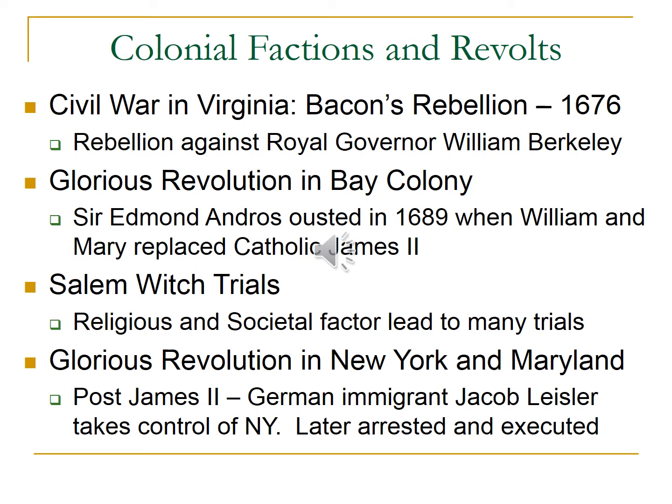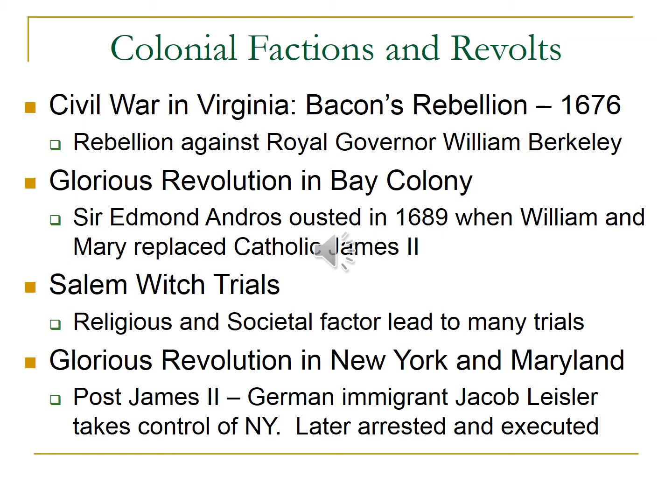Then you have the Glorious Revolution in the Bay Colony, being Massachusetts. Sir Edmund Andros was ousted in 1689 when William and Mary replaced James II. Remember that I told you about that Protestant Revolution, where the Protestants ousted the Catholic James II, and there was great joy in the colonies.